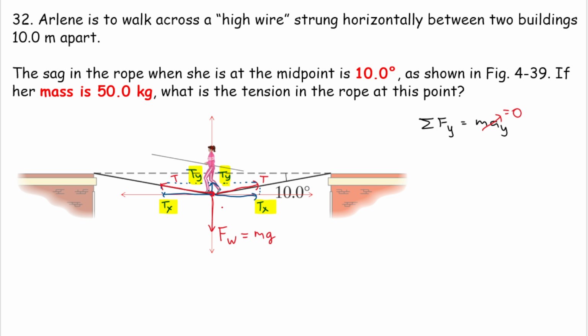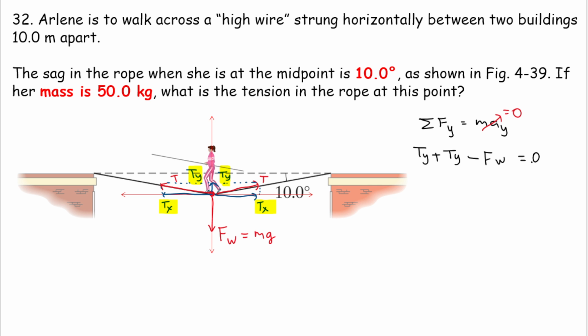Good. And then in the positive direction, we have these two forces, right? Ty and Ty. So I'll have Ty plus Ty. And then in the negative direction, I will have Fw, so minus Fw, and that will equal 0.